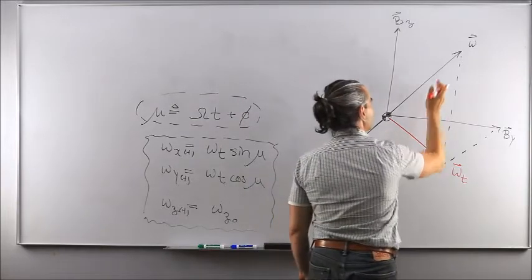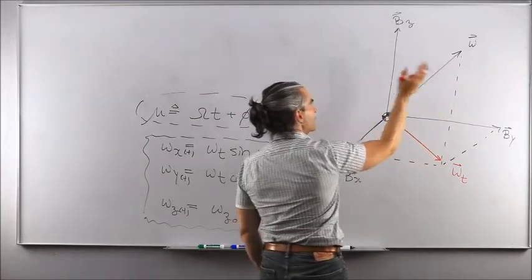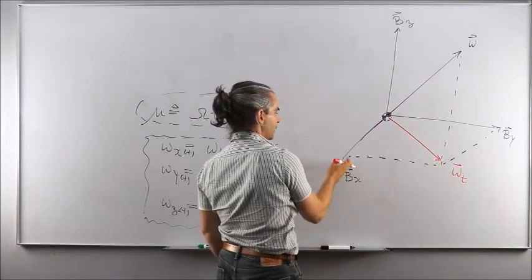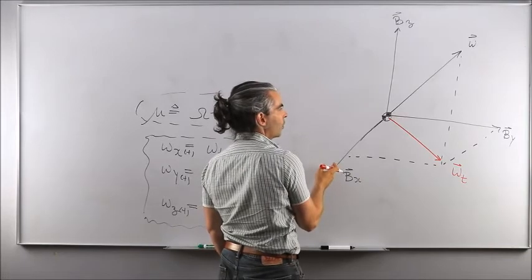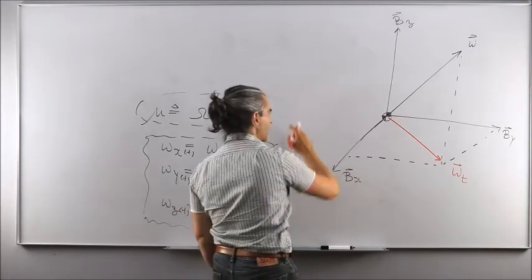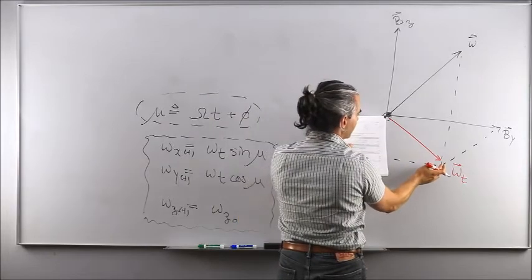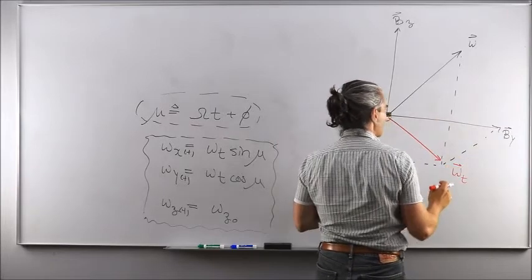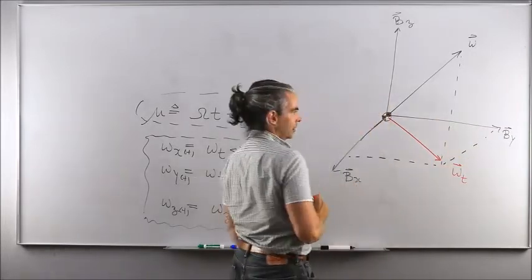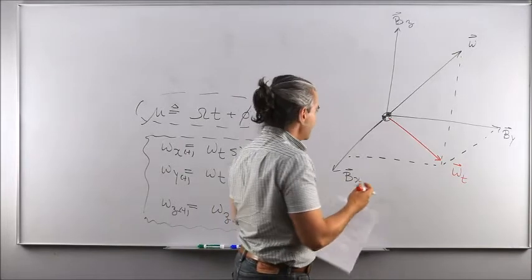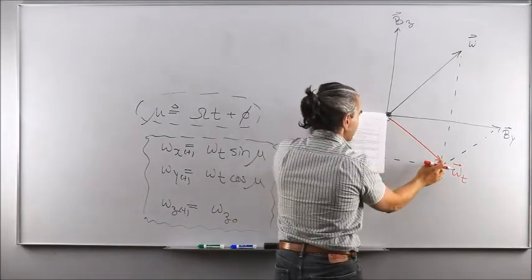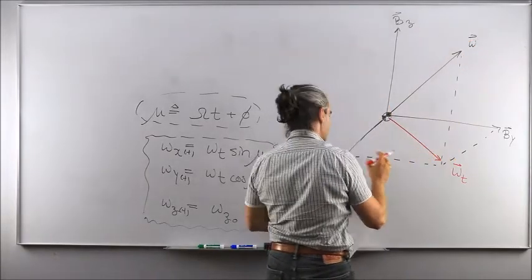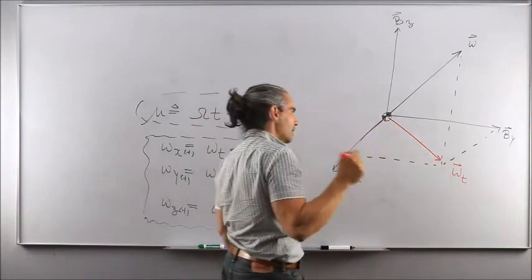So at one point, as this vector swings in 3D, we could get omega t completely aligned with bx, and therefore at that point omega y would be equal to 0. At some other time in the future, we could have this vector omega t, still keeping the same magnitude, oriented directly along by, which would mean that at that point omega x would be equal to 0. So although the length of this is constant, and the length of this is constant, as this vector moves in 3D space, the x and y components will not be constant.